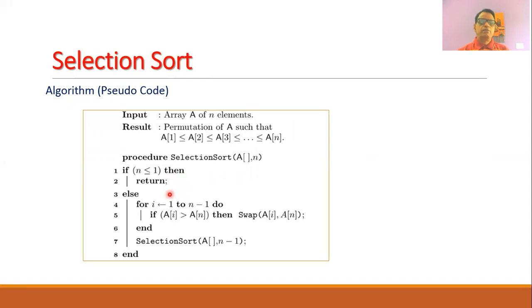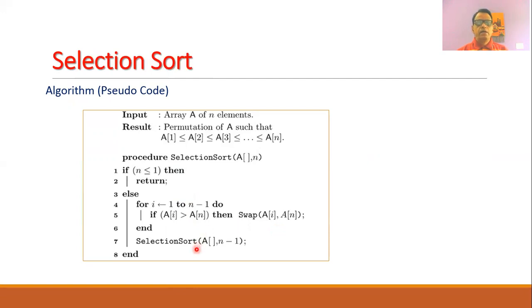Otherwise, we will execute a for loop in such a way that the for loop will have the initial value of i from 1 to n minus 1. And then every time for the given value of i, we will check if A[i] is greater than A[n]. If it is the case, then we will swap the elements A[i] and A[n].